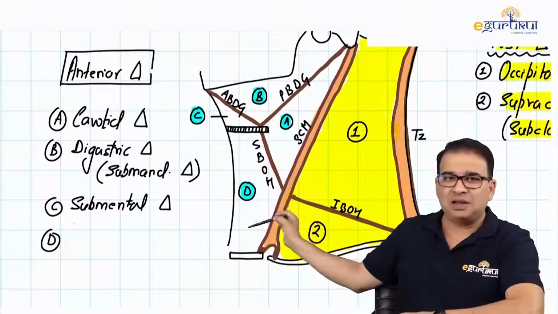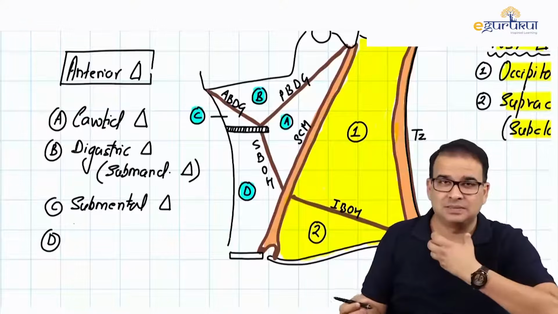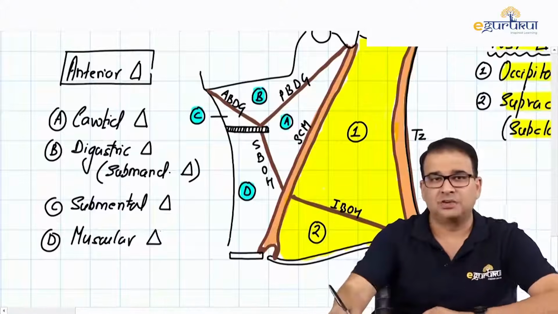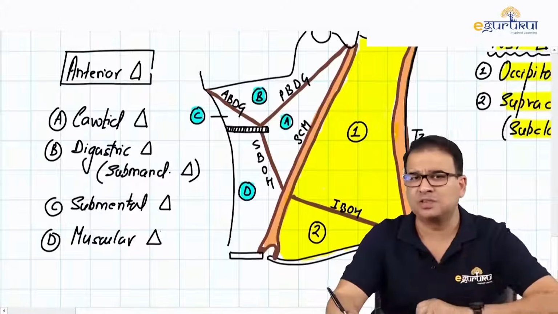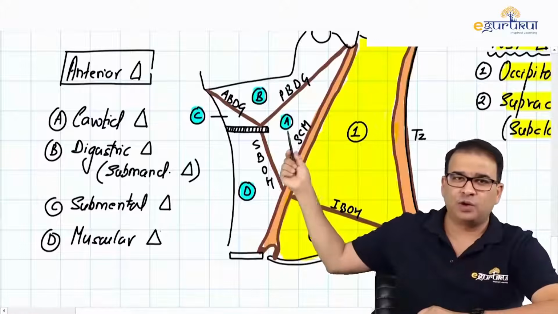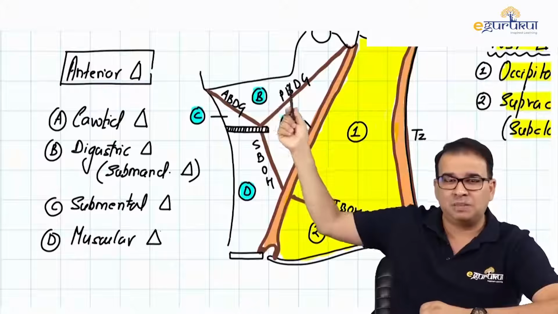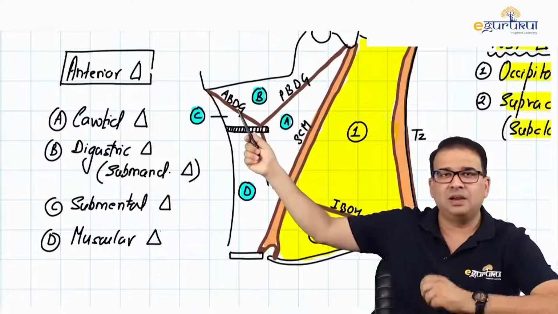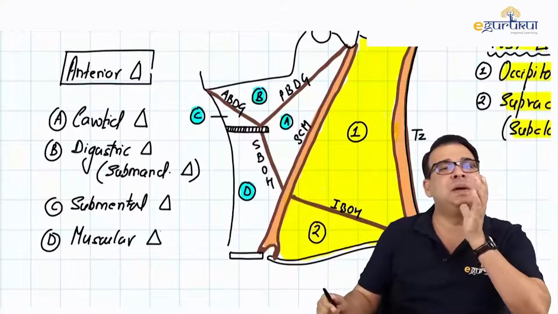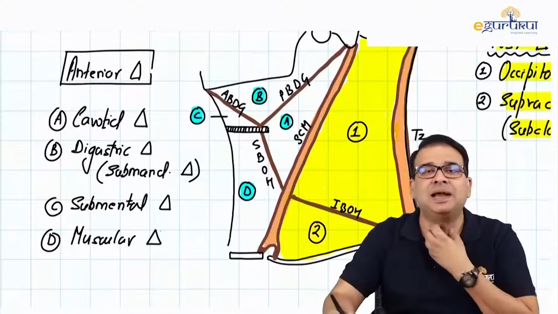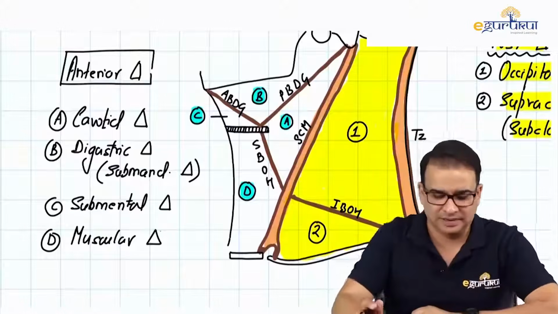So that means this triangle is mainly about the strap muscles, and that's why we call it the muscular triangle. So we got a carotid triangle because of carotid vessels, digastric or submandibular triangle below the mandible, submental triangle above the hyoid bone but below the mental protuberance, and then we have that triangle in the midline here, the muscular triangle. We just have muscles in it.